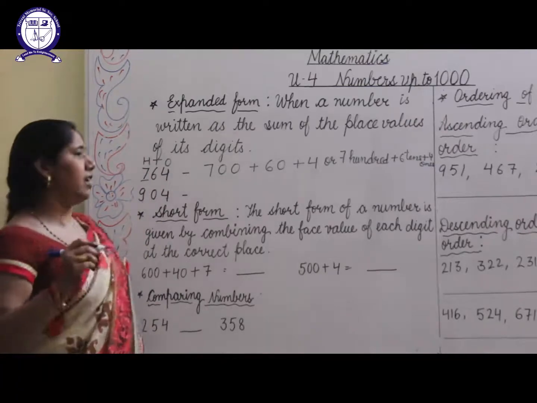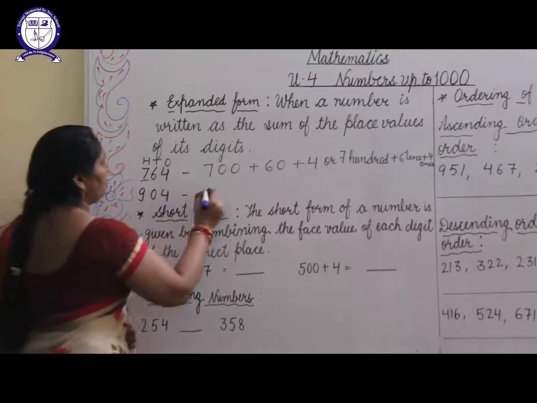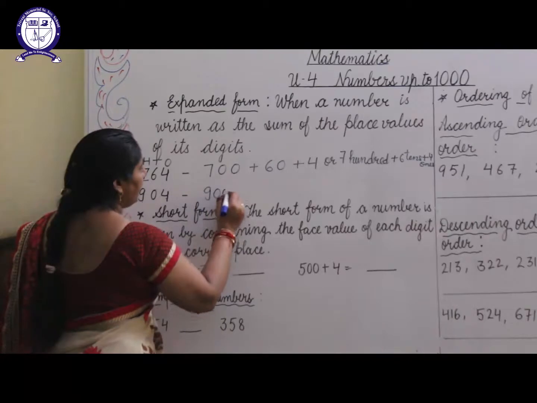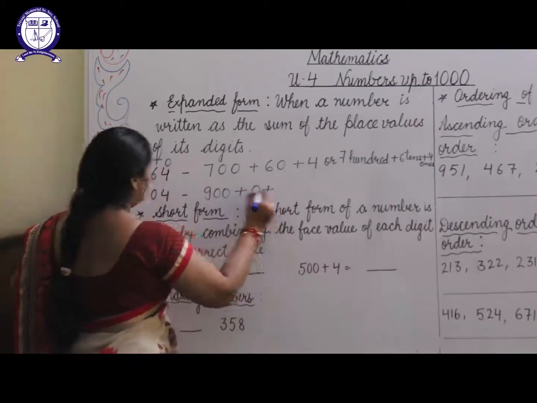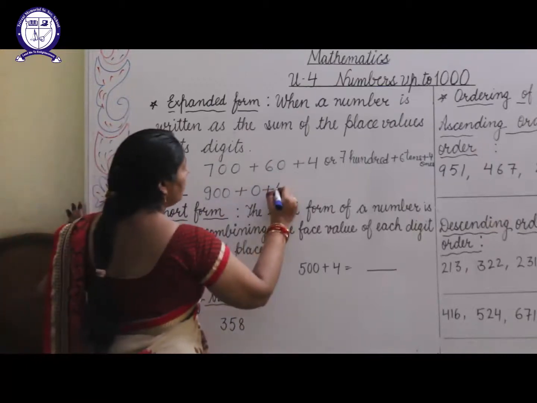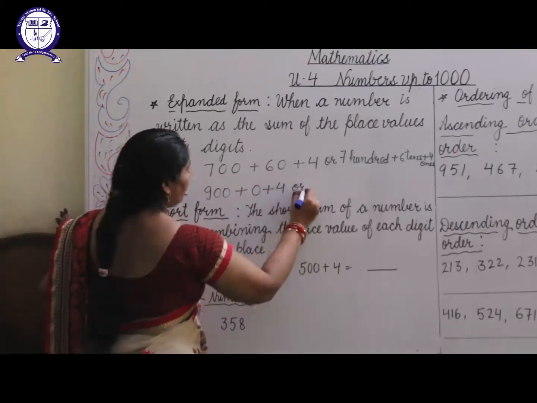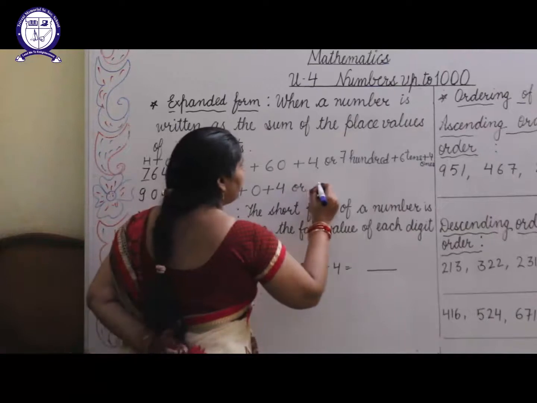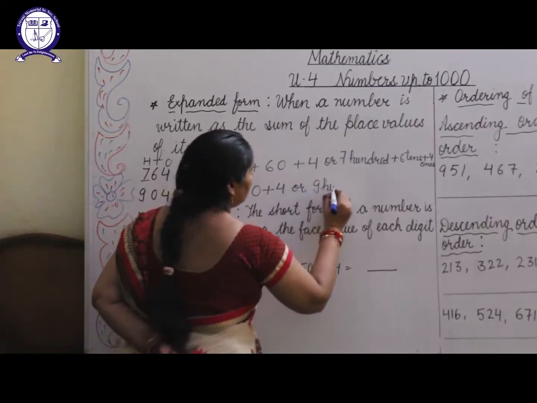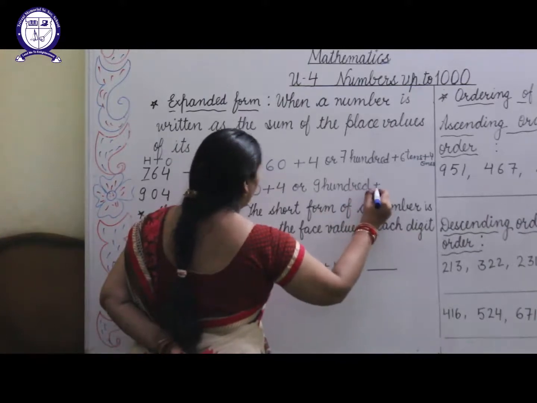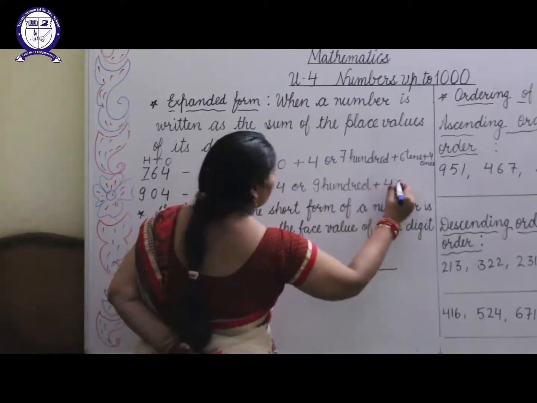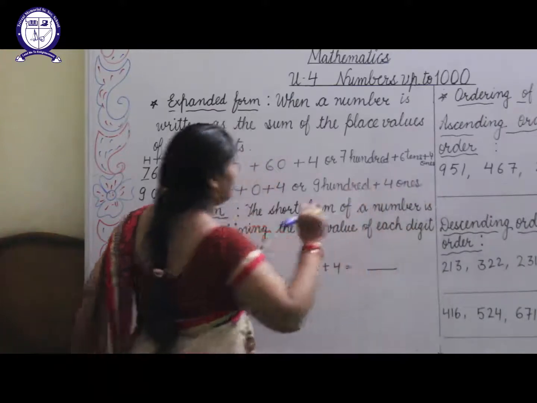So let's write in the expanded form. The place value of 9 is 900. The place value of 0 is 0. And the place value of 4 is 4. Or we have to write 900 plus 4 ones.